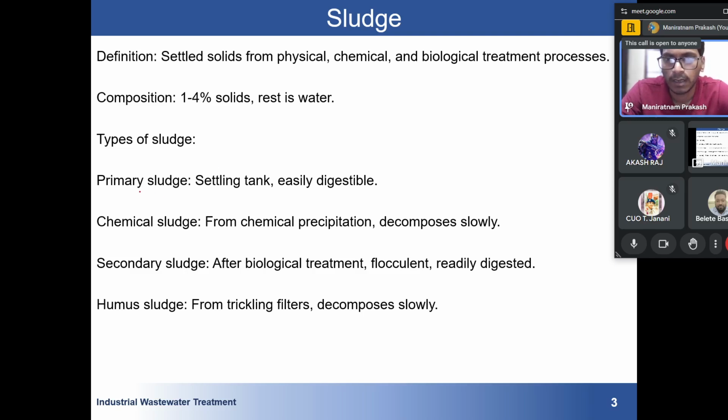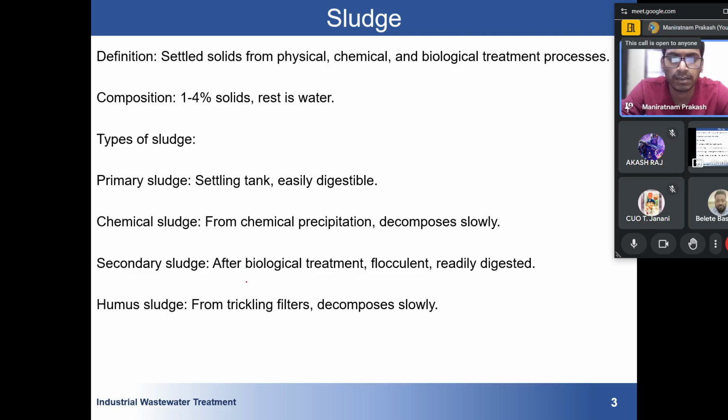Primary sludge: in the settling tank, due to natural gravity, particles have their own settling velocity and settle down. In chemical sludge, in the case of coagulation or flocculation, we add some kind of coagulant such as alum or iron. Then in biological treatment also, a sludge is produced, and then there is humus sludge.